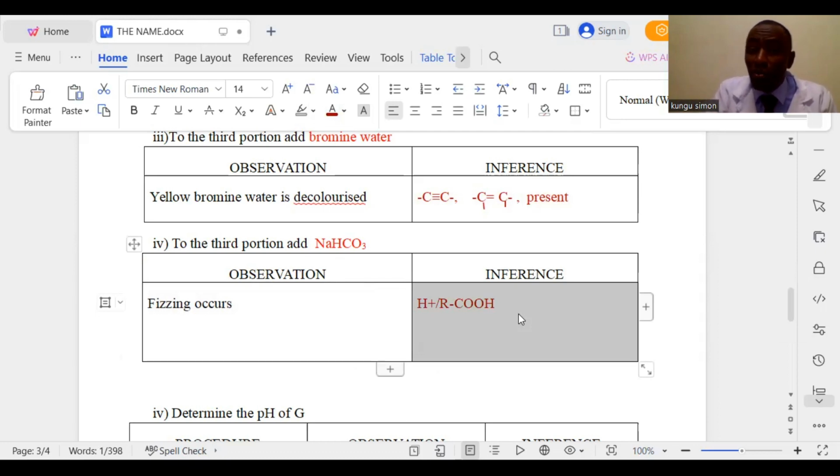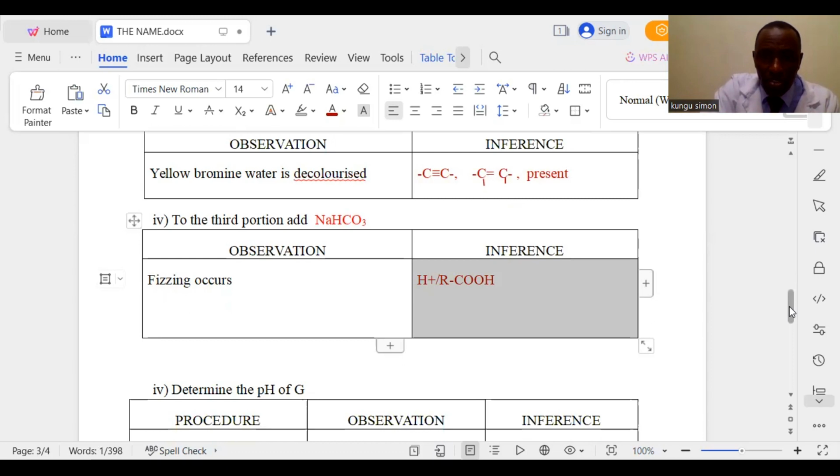But I would say we must also include hydrogen ions, because sometimes it's not necessarily the RCOOH. We can have substances that may hydrolyze in water and form other acids. It may not necessarily be an organic acid, but they can hydrolyze in water and form an acid. Therefore, just include hydrogen ions every time you have the RCOOH.